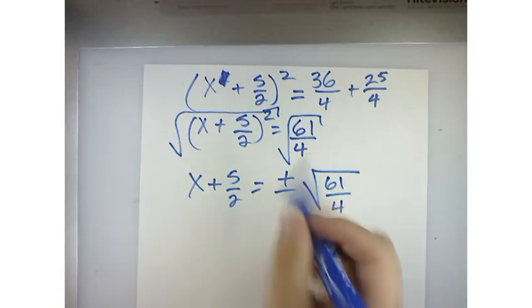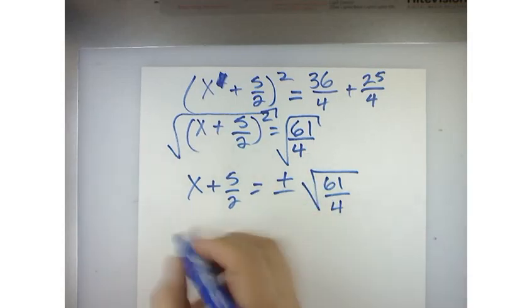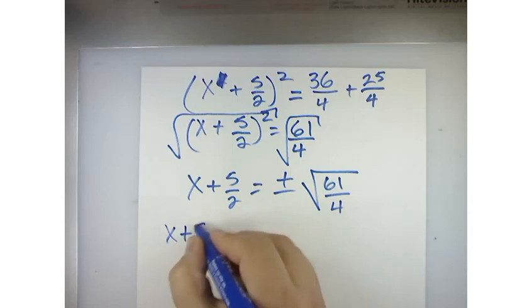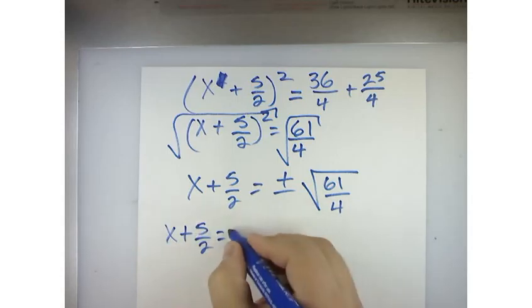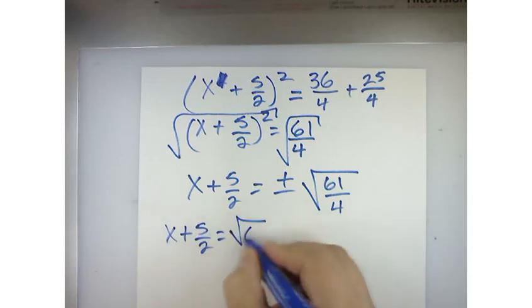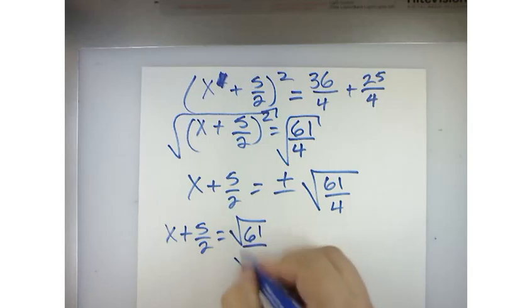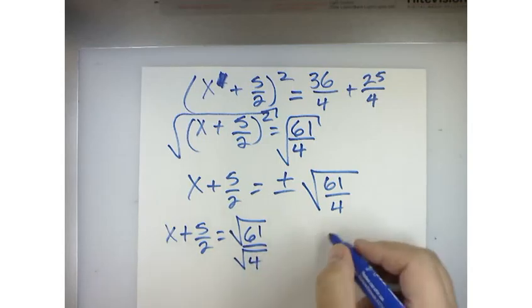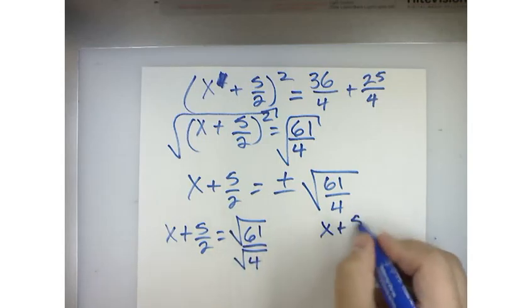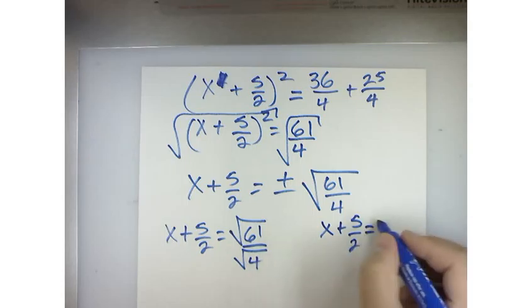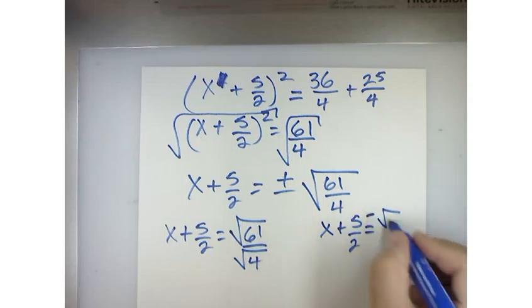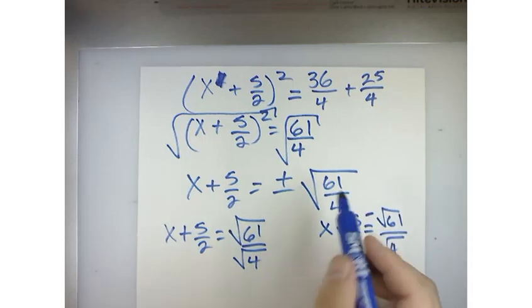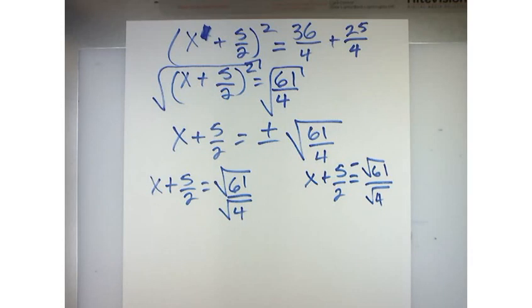All right, so now I'm going to say x plus 5 over 2 equals the square root of 61 over the square root of 4, or x plus 5 over 2 equals the negative square root of 61 over the square root of 4. Now remember, that's a property of square roots, right? I could do that, right? Yeah?